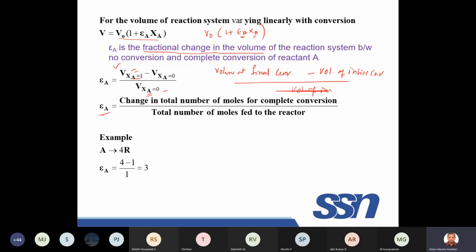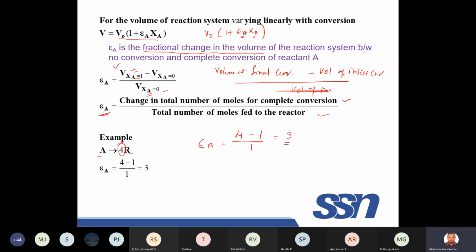Or you can put epsilon A as the change in the total number of moles for a complete reaction divided by the total number of moles fed to the reactor. To give one example of how to calculate this: if A gives 4R, your epsilon A is the number of moles at the final conversion, 4, minus the number of moles at the initial conversion, 1, divided by the value at the initial conversion, that is, at zero conversion, 1.